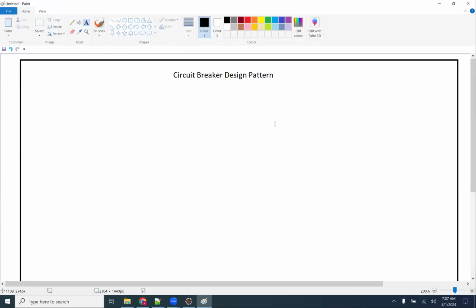Prior to going into technical details, guys, I'll take a normal example. Then I'll come back to the circuit breaker. So what exactly is the normal example?